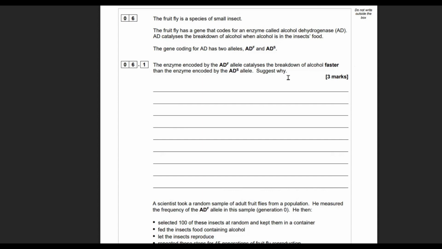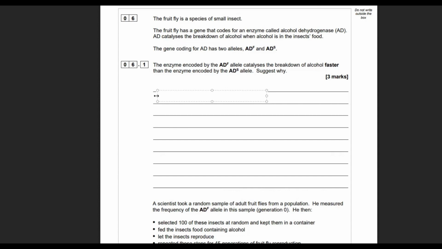Suggest why. So why is it that this allele basically catalyzes the breakdown of the alcohol faster? Well, it's not the allele that does it itself. What is it that will be breaking down the alcohol? It will be the alcohol dehydrogenase enzyme. Now, what is it about the alcohol dehydrogenase enzyme that's coded for by ADF that could be different than the enzyme coded for by ADS?